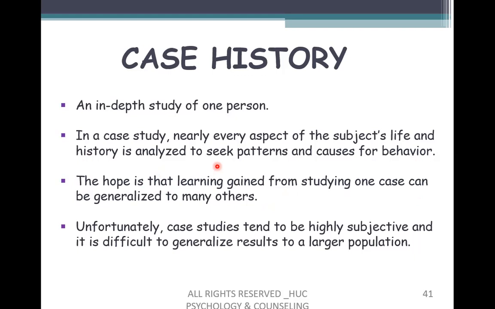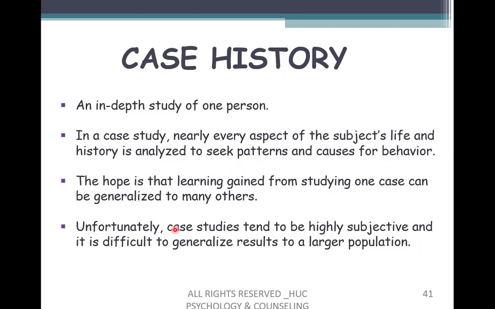They believe that by doing a case study on one person, they can apply the same result to all the other students in the same class. That is their hope.